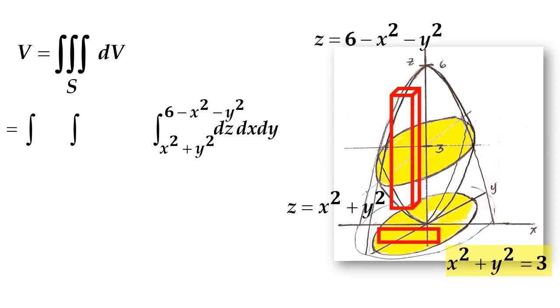We write x squared plus y squared equals 3 as x in terms of y. Thus, we have the bounds as shown. So from negative square root of 3 minus y squared to positive square root of 3 minus y squared. And lastly, we have negative square root of 3 to square root of 3 for the values of y.